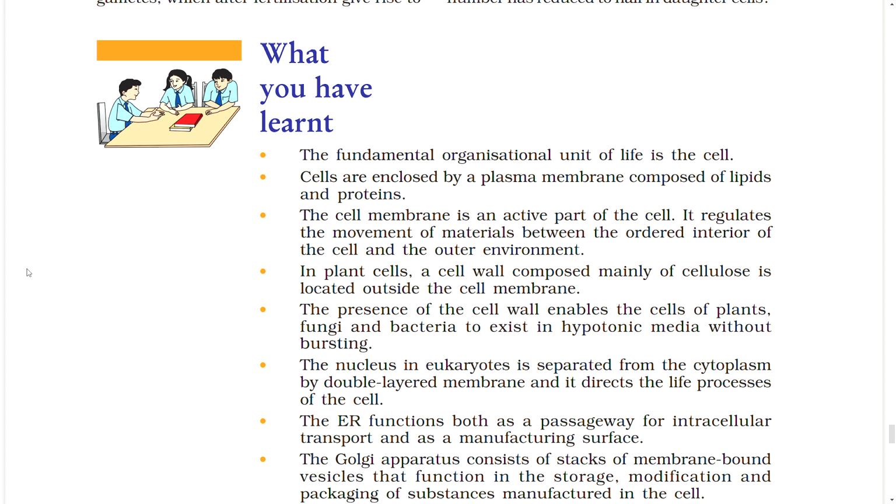What you have learnt. The fundamental organizational unit of life is the cell. Cells are enclosed by a plasma membrane composed of lipids and proteins. The cell membrane is an active part of the cell. It regulates the movement of material between the ordered interior of the cell and the outer environment.